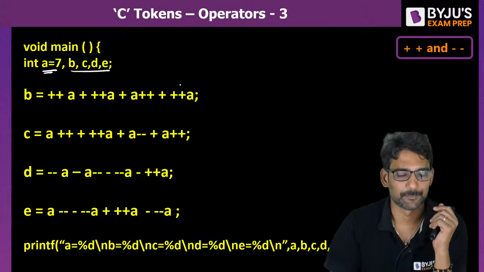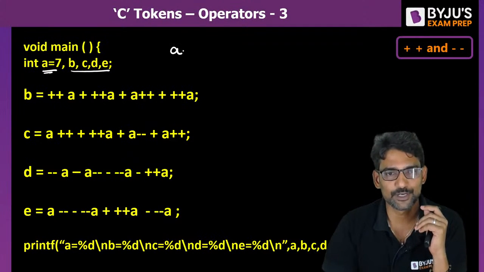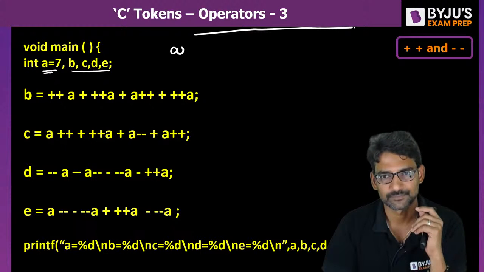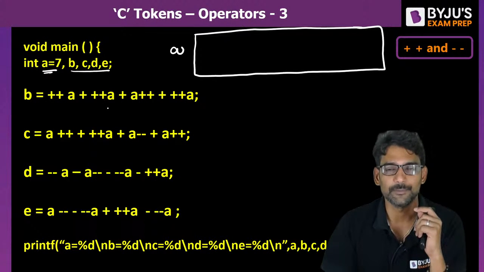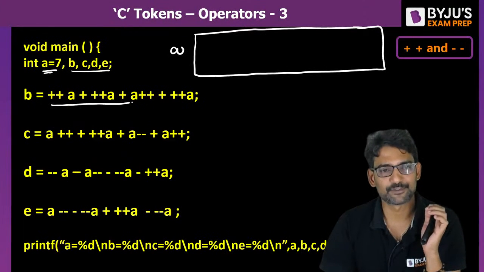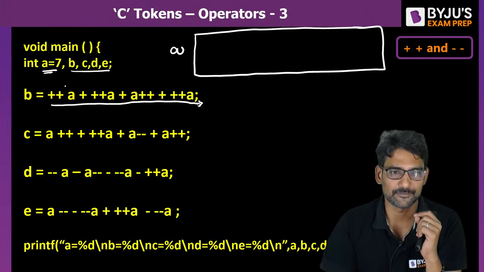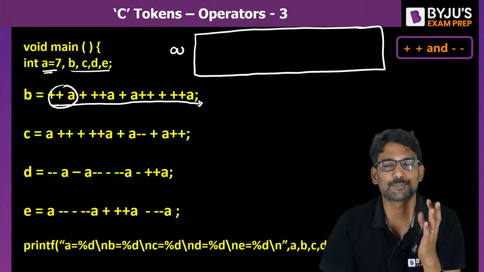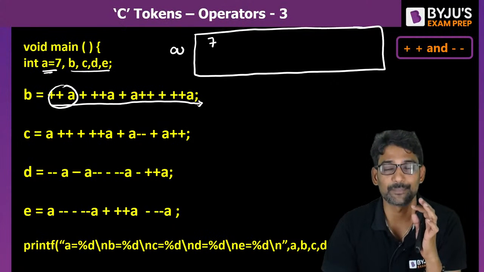So what would be B? Pay attention, everyone. Now A is going to change many times. Okay, first I am executing left to right. ++A, first I am executing this. ++A, pre-increment.